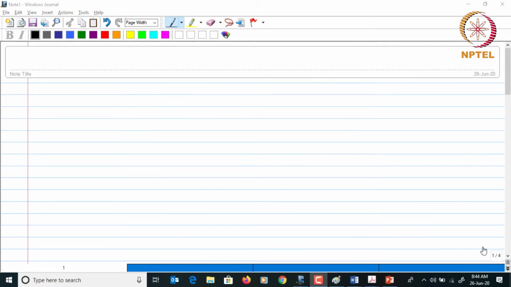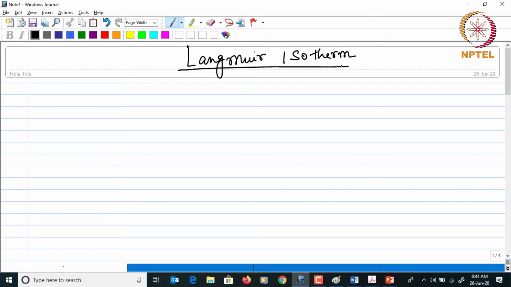All right, so in the last class we learned about the Langmuir isotherm, which basically talks about the formation of a monolayer on a solid surface when the gas is being adsorbed on the surface.